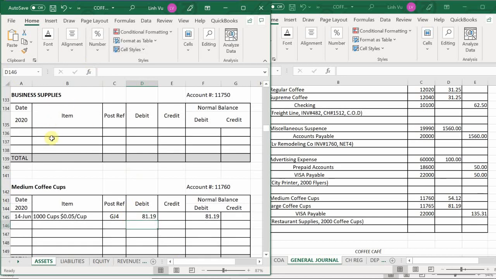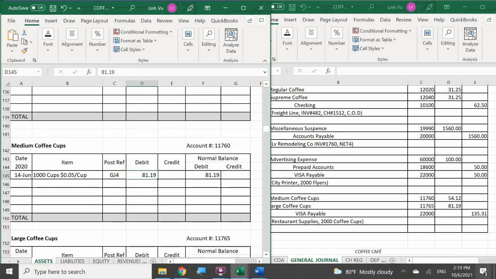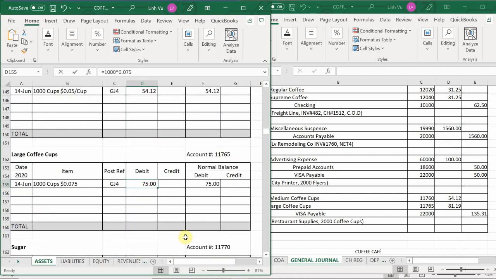Oh, hold on. No, I was in the right one. So this is supposed to be 54.12, and the other one 81.19. Yep, that's right.